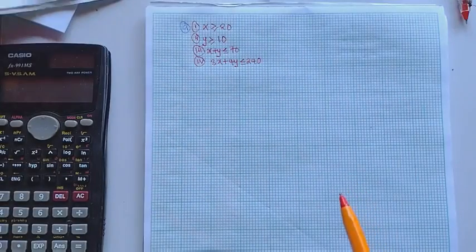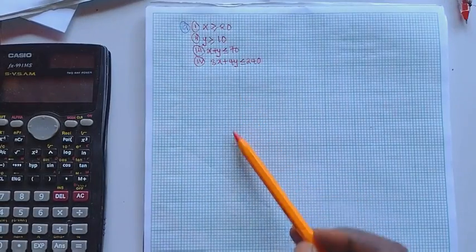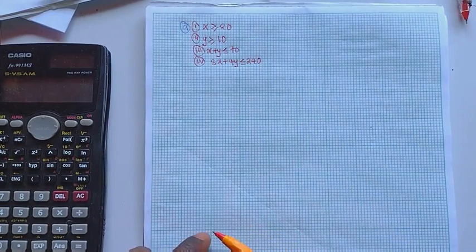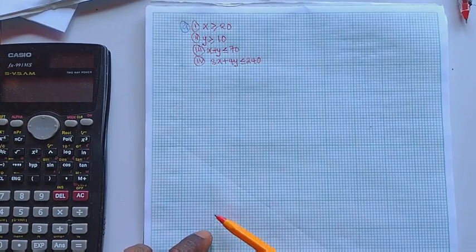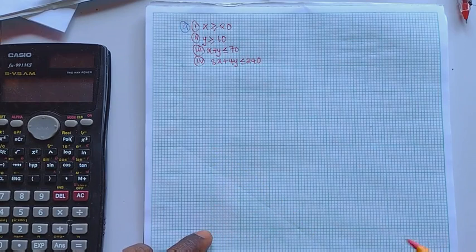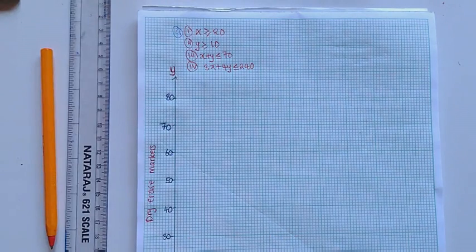The y-axis is here vertically, x-axis here horizontally. So if the origin is from here, you say 10, 20, 30, just like that. Then going into x, from here, 10, 20, 30. All right, so this is how our graph is going to be.